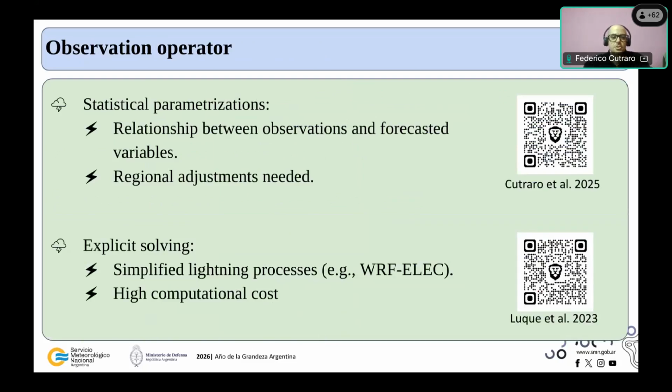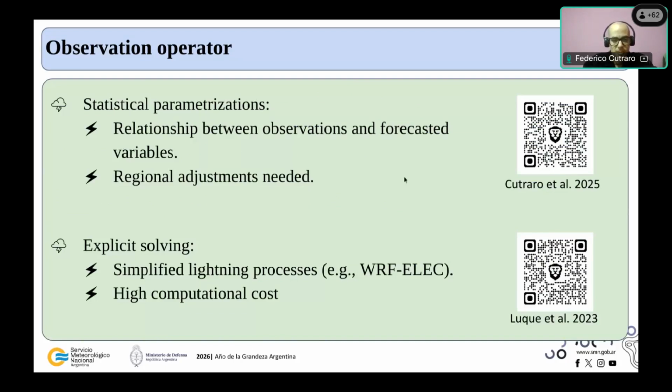The first issue we have is that we need to have a lightning forecast to compare with the observations. So the first attempt for an observation operator was a relationship between observations and the forecasted variables, in my case from the WRF model.